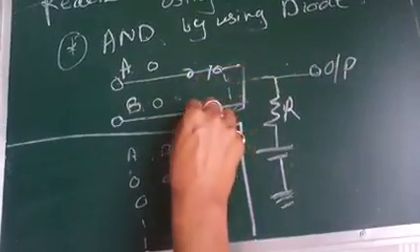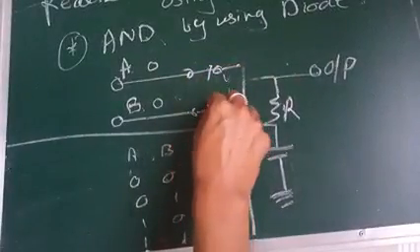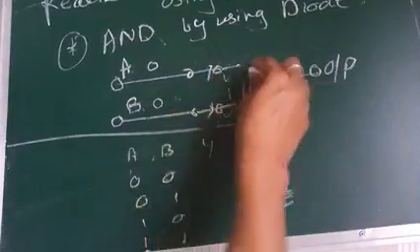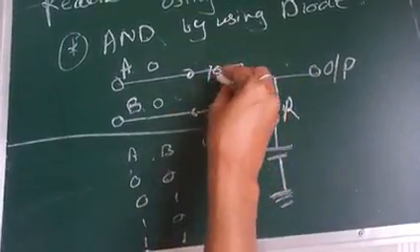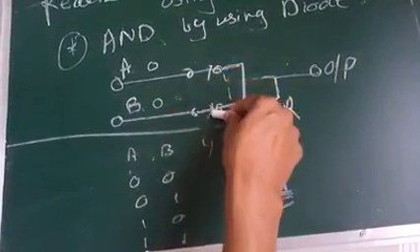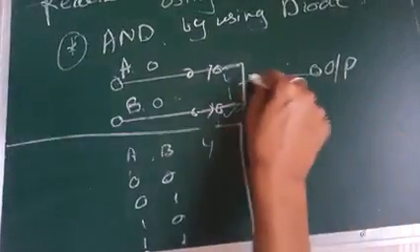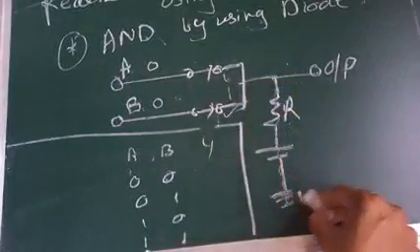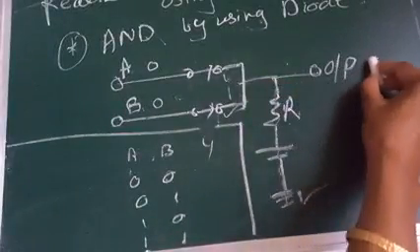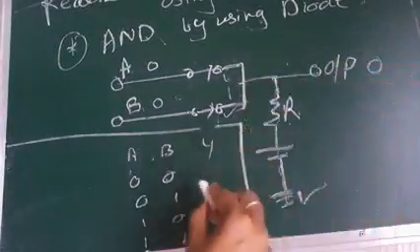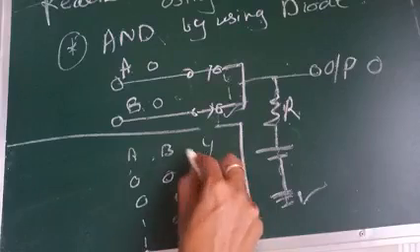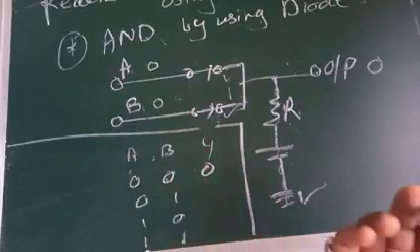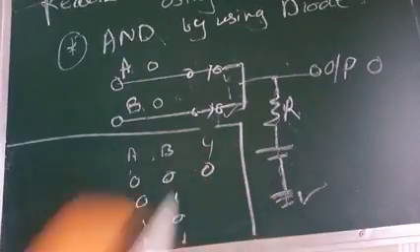Now instead of the diode, I am drawing the switch symbol. The current will flow this way and be grounded. Hence across the output you have 0. When A and B are both 0, 0, the output is 0.